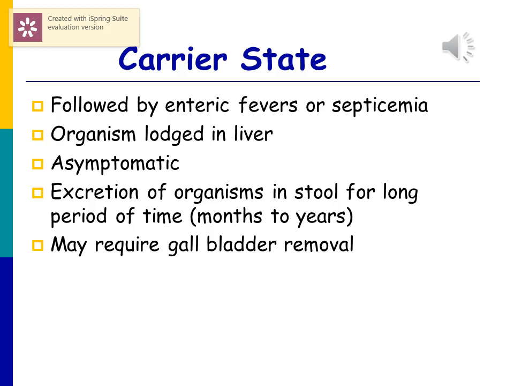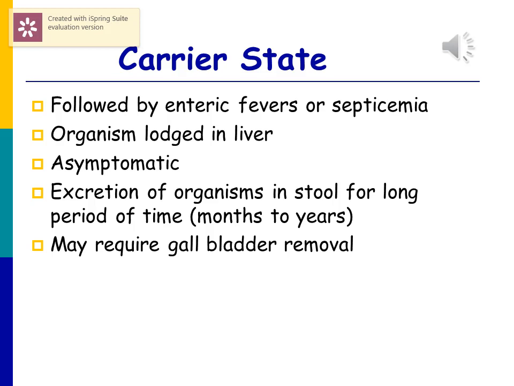With Salmonella, classically, you can have a carrier state, and this is usually followed by enteric fever or septicemia. So the organism lodges in the liver. Individuals are asymptomatic, and they can excrete organism in the stool for months to numerous years.